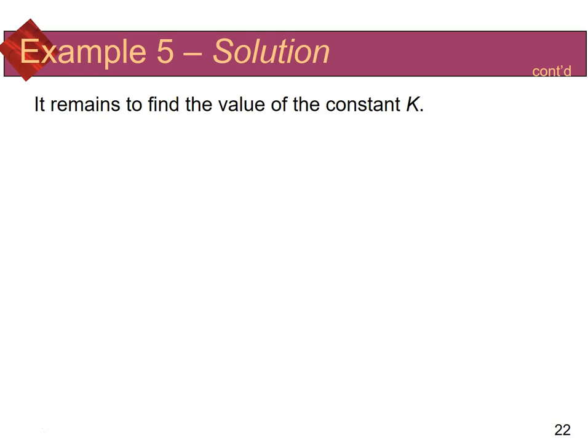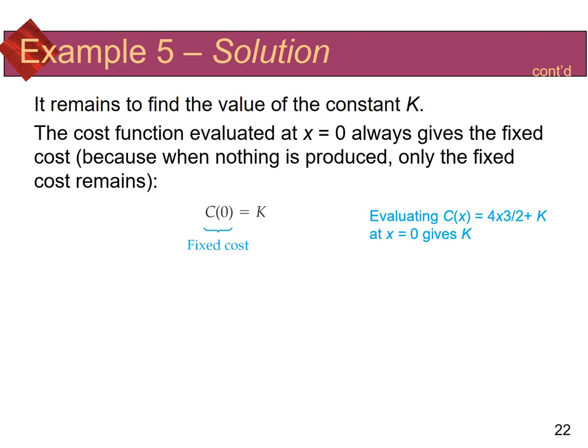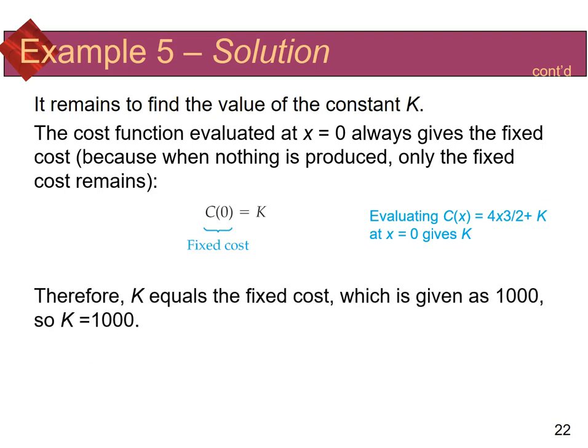So we still have to find the value of k. We know that the fixed cost is going to be C of 0, but C of 0 does not necessarily mean that k is going to be that. That's what it is here, because when I put 0 into the function we got, all I'm left with is k.